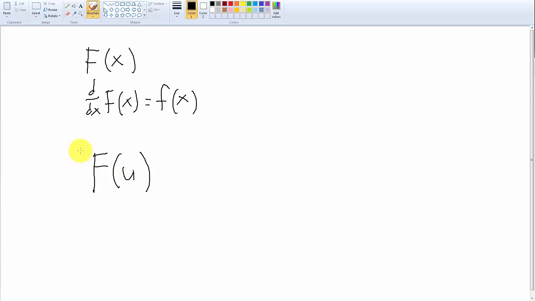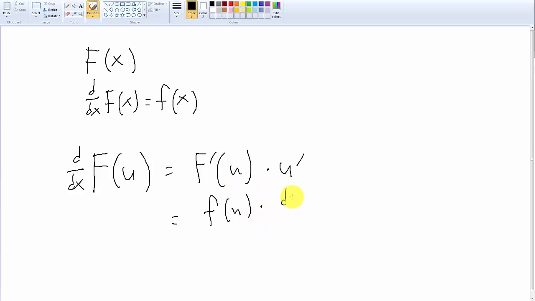So if we differentiate this with respect to x, then we know by the chain rule, we'll get F prime of u times u prime, which we can also write as little f of u, since this is the derivative of this capital F, times du dx.